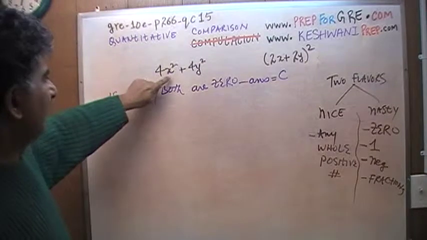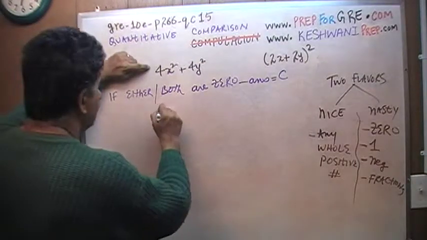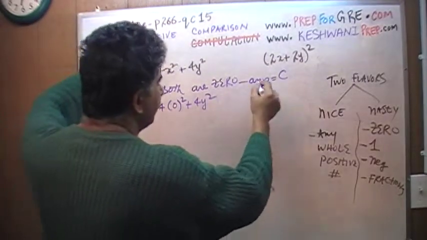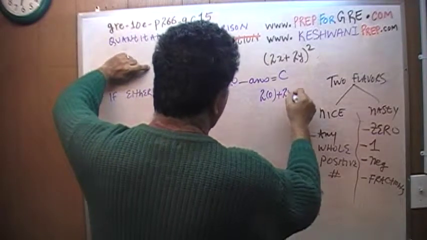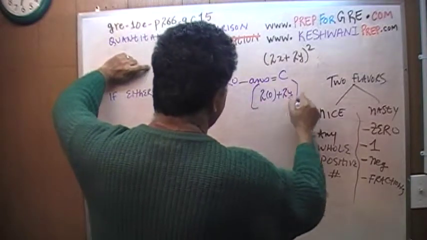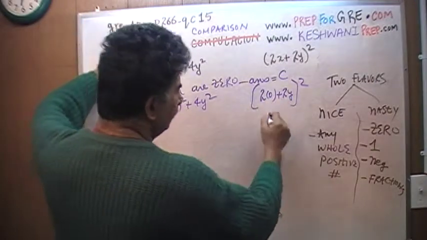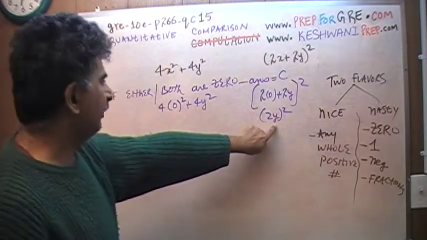Here, for example, let's suppose that X is 0. Then here we have 2 times X, which is 2 times 0, plus 2 times Y. Well, 2 times 0 is 0, and you're going to end up with 2 times Y squared, which is what we have here, 4Y squared, you see?